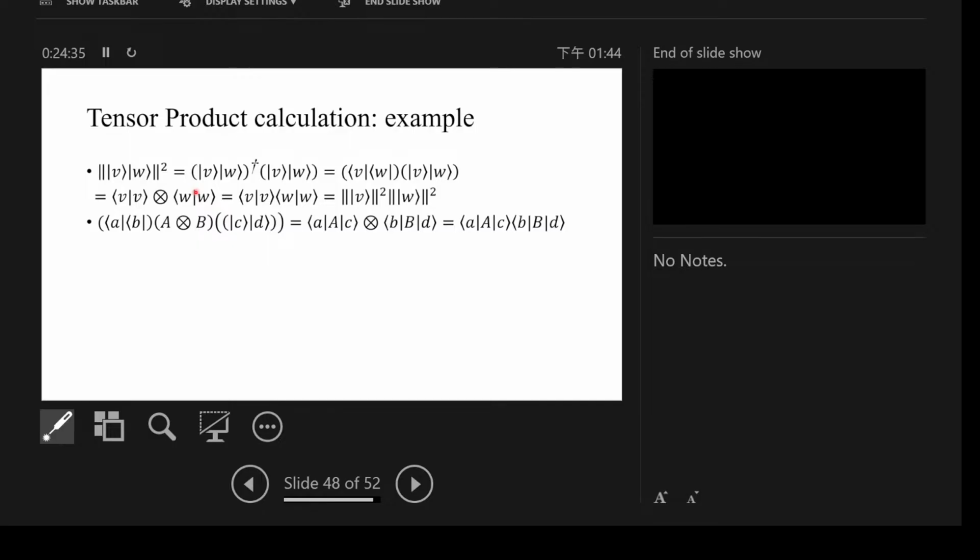And as in the second example, this is just two numbers tensored together. But a 1 by 1 matrix tensor a 1 by 1 matrix is still a 1 by 1 matrix.